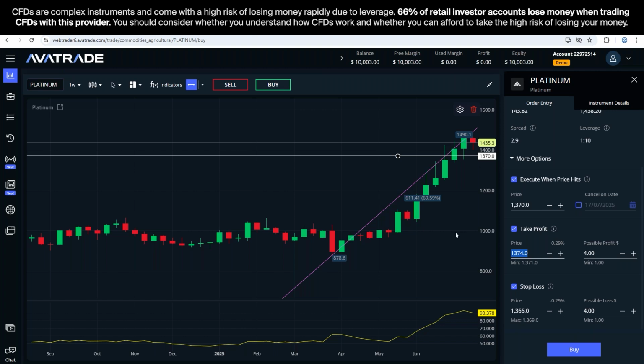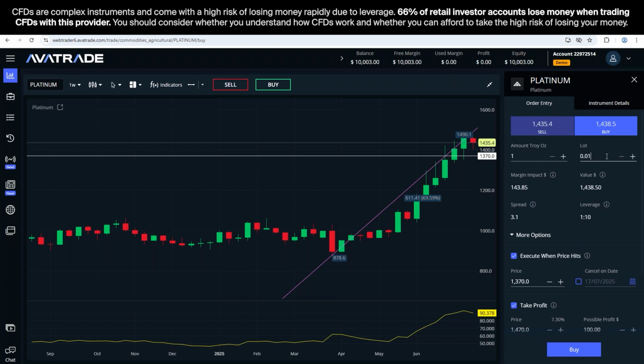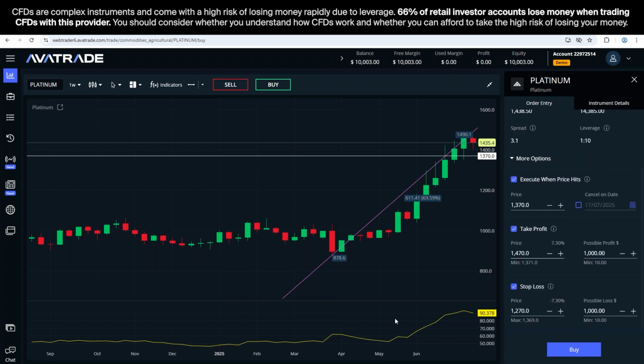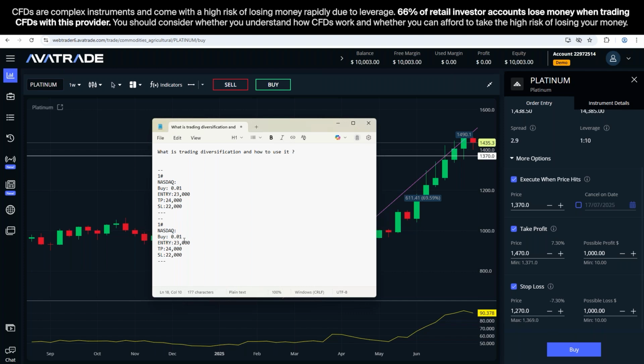So for that, 1370 will make it 1470, which is $100 higher. Same thing with the stop loss, and of course we will modify this ratio to be better. We'll also increase this to be 0.1, so we get the same numbers as we had with NASDAQ.